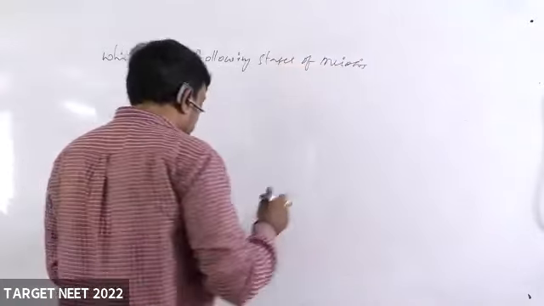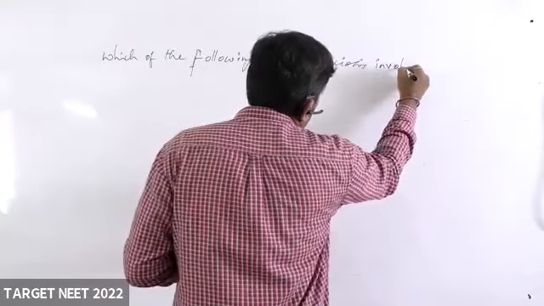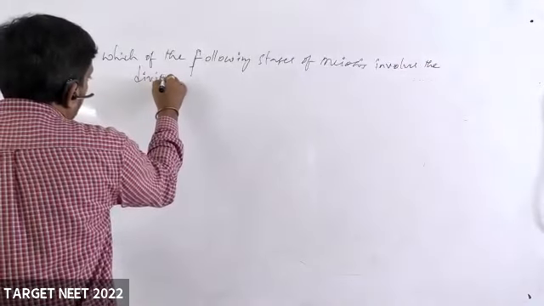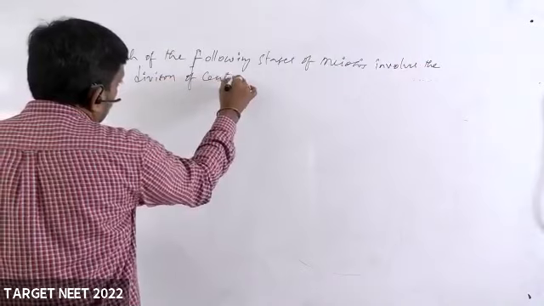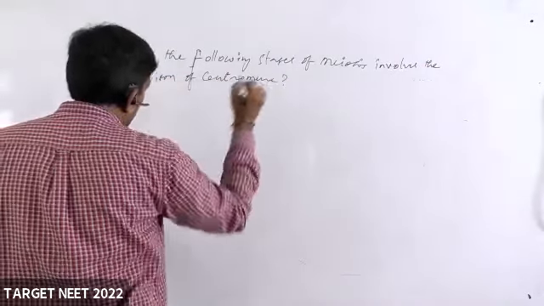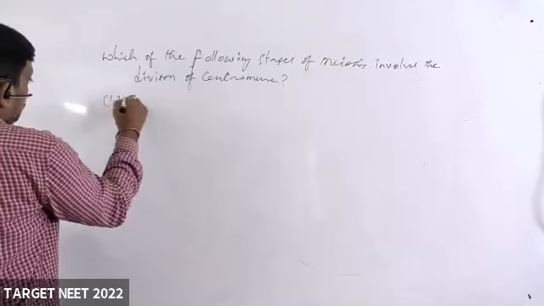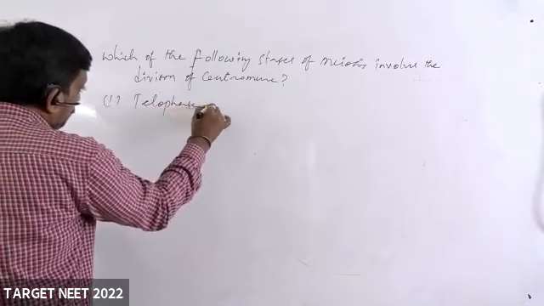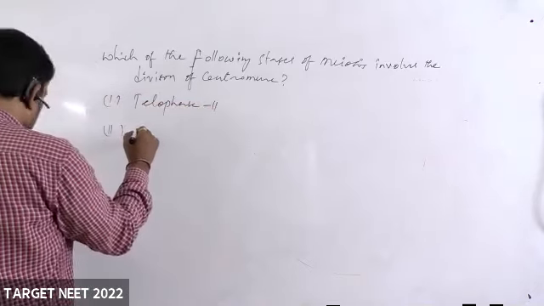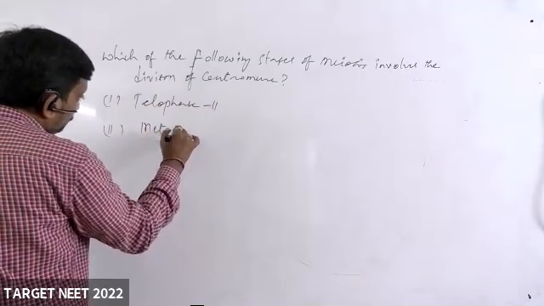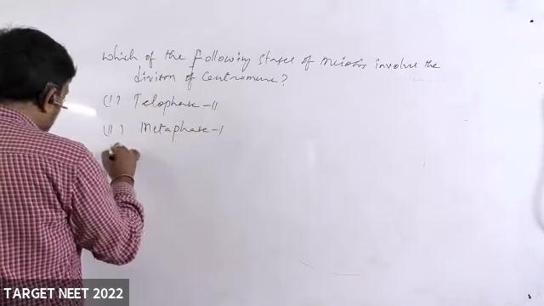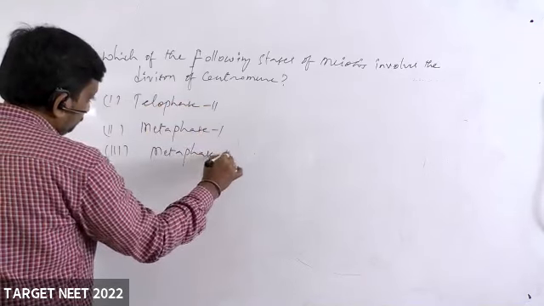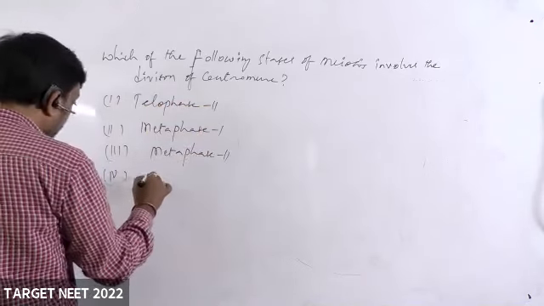The options: the first one is telophase 2; the second option, metaphase 1; the third option, metaphase 2; the fourth option, anaphase 2.